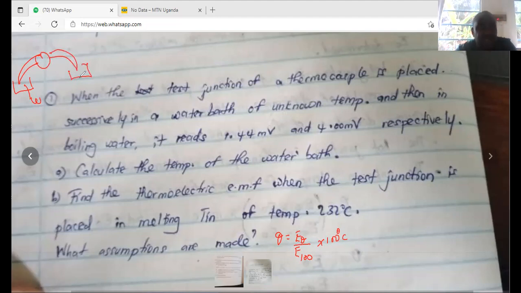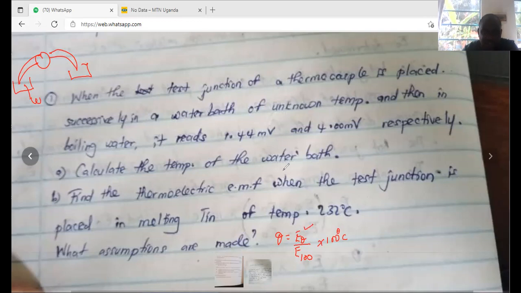Because the EMF is induced as a result of a change in temperature, and here the temperature is the same. They are both ice water mixtures at 0 degrees Celsius, so the temperature change is 0, which corresponds to a 0 EMF induced. That's why we ended up with an expression of this kind.